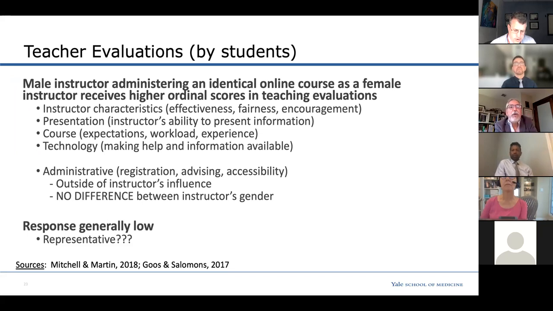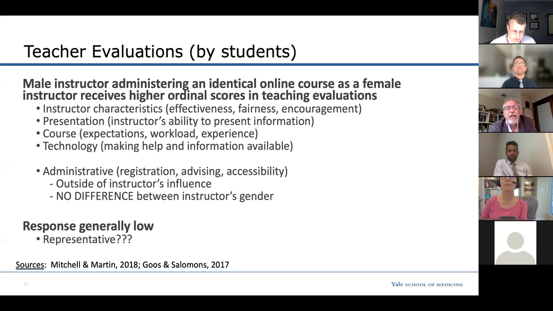The first was instructor characteristics, which included things like effectiveness, fairness, encouragement. Another was presentation: how well did they present the information to the students? A third was the course itself. What were the expectations? How did they experience the course? How much was the workload? Was it too much, too little?